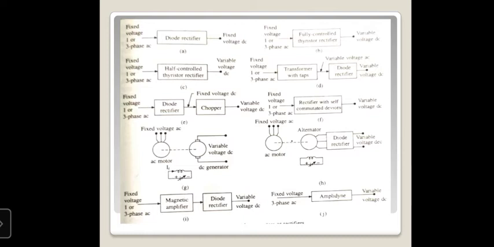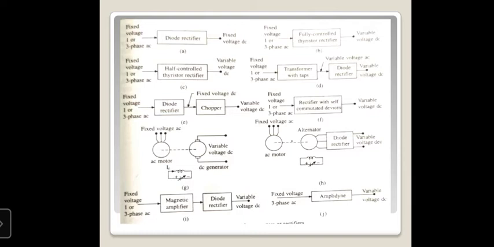We have to change it to variable DC voltage, but we have only diodes. There was no availability of thyristor in the previous time, that means in 1980 or 1970, there was no thyristor commercially available in the market. At that time, what should be the procedure to go from fixed AC to variable DC?